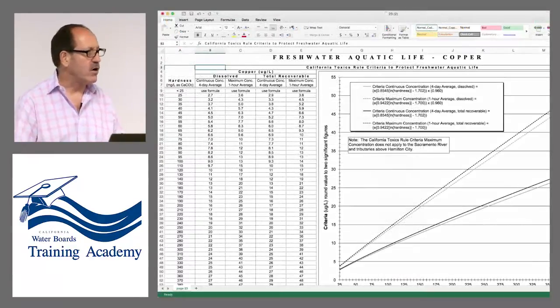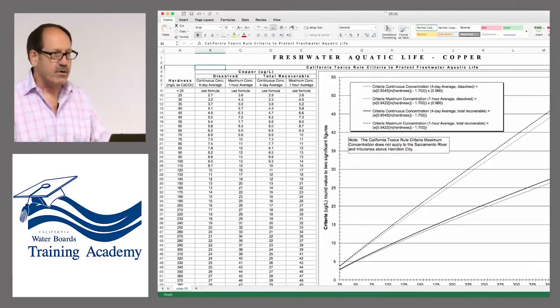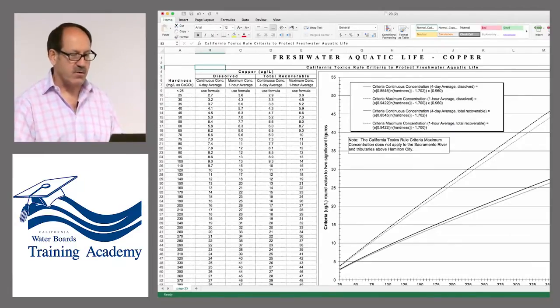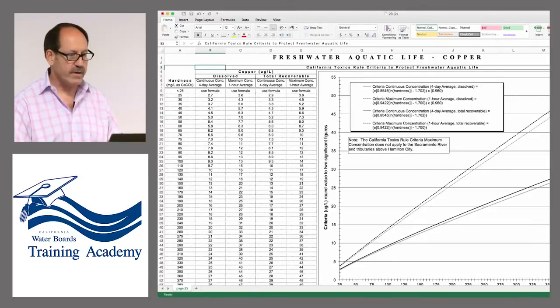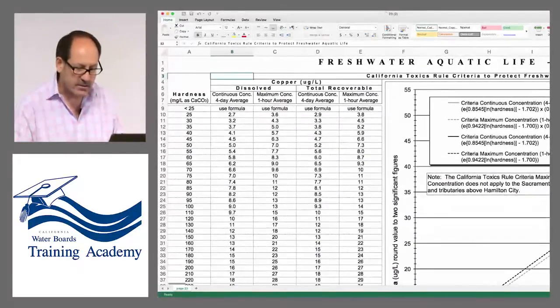And if you recall when we talked about copper and aquatic life, copper criteria vary with the hardness of the water. Well, you don't have to make any of the calculations. They're all done for you, and they're graphed. So this table, let me enlarge a little bit.